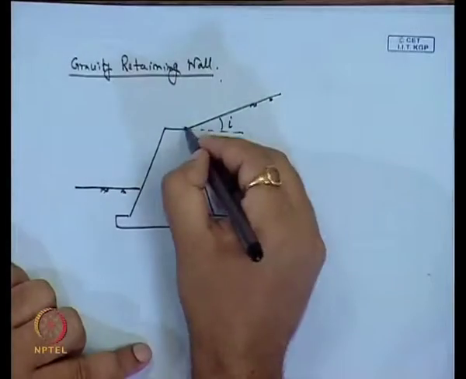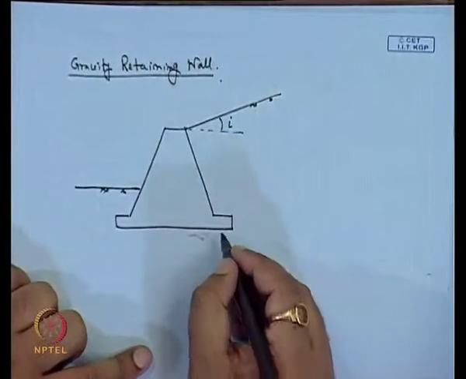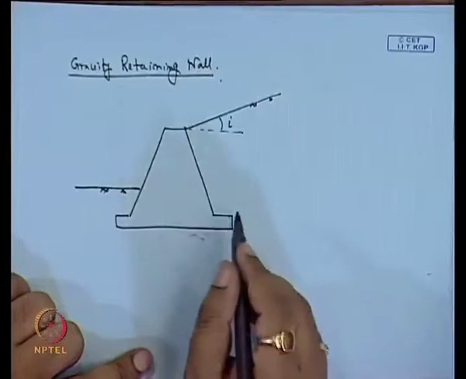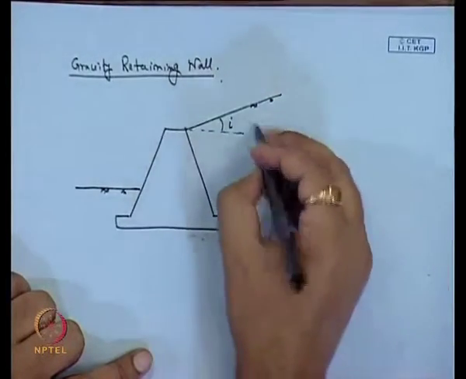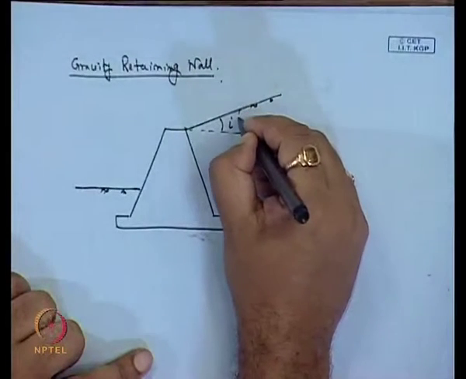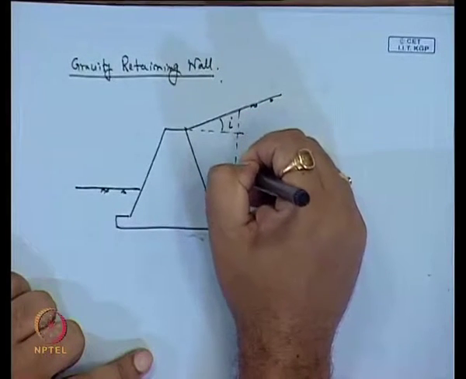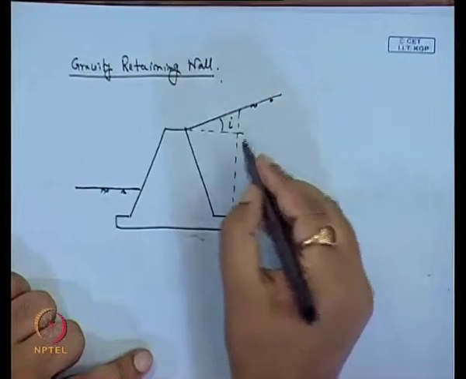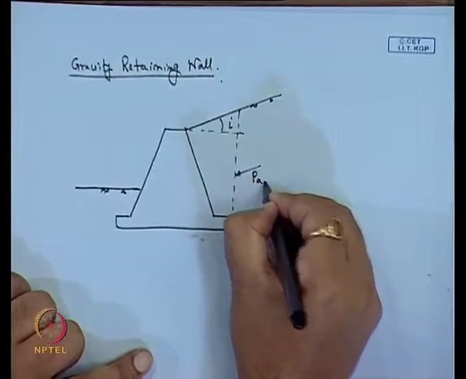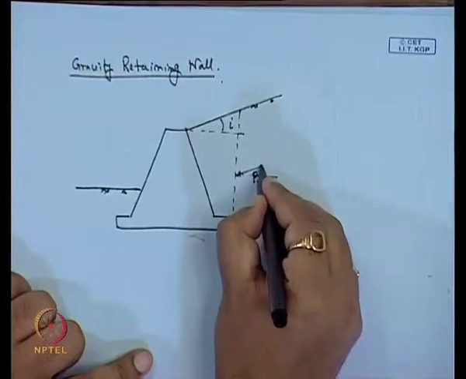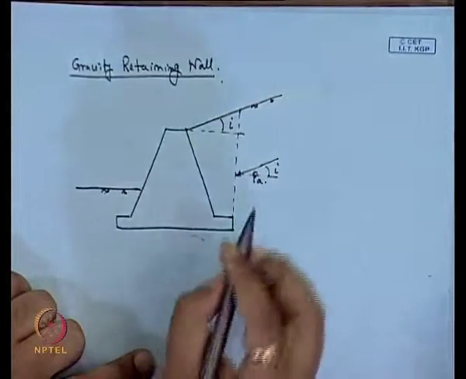So, here we can solve this example in two methods, as we have solved it for the cantilever retaining wall also. If we want to solve it by Rankine's method, then you have to extend this part, and it will act at a horizontal angle i.